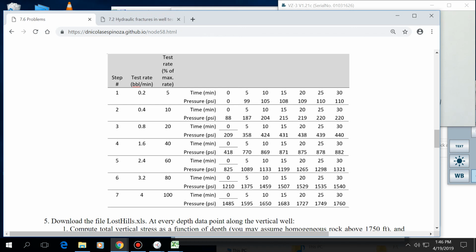This is the first step of a step rate test. During this first step, the injection rate is constant, and as time passes by, pressure increases. What I suggest is that you take this as your absolute zero, and then for the next step, you take this zero as 30. So this is going to be 30, 35, 40.